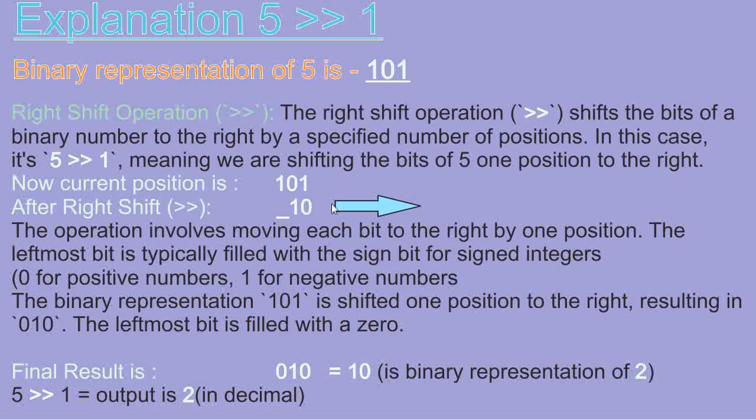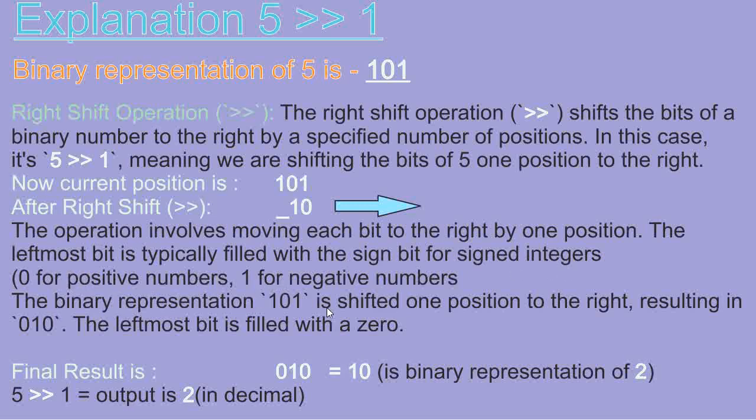After the right shift operation, now the binary position is 10, because one bit has shifted to the right. The operation involves moving each bit to the right by one position. The leftmost bit is typically filled with the sign bit, for signed integers, 0 for positive numbers, and 1 for negative numbers.